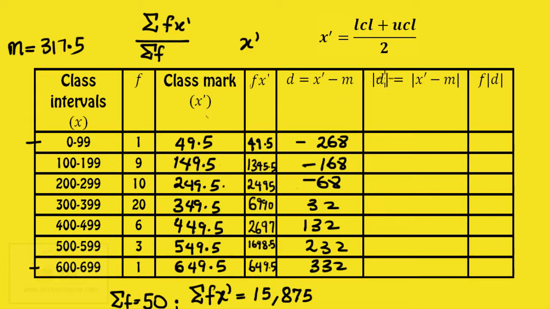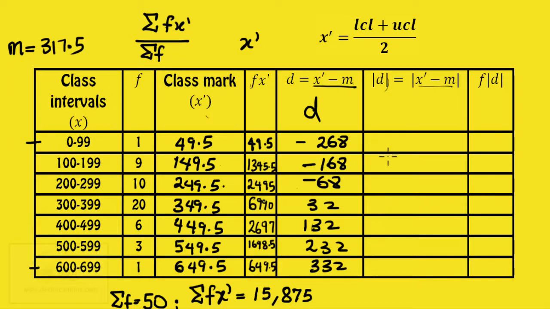So to determine the magnitude of the deviation, note that this column is essentially the deviation, which is the same thing as the class mark minus the mean. This column represents the absolute value of the deviations, the magnitude of the deviations, which is the same thing as the magnitude of this term, because x prime minus m is the deviation in this case.